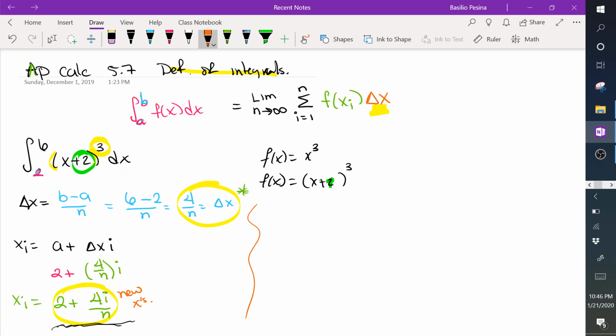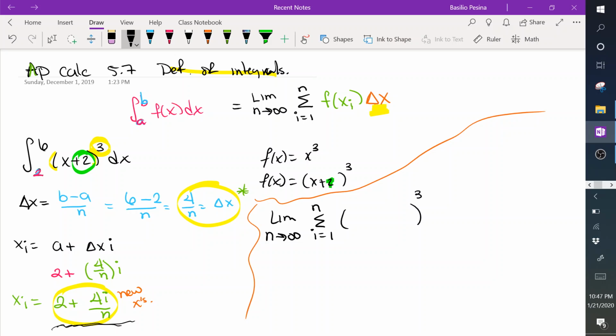Not that bad. It's going to be the following. It's going to be the limit as my rectangles approach infinity of the sum of the areas of the rectangles, starting with the first rectangle, i equals 1, all the way to n, where the height is the function, cubed, of 2 plus my new x's, which I found over here: 2 plus 4i over n.